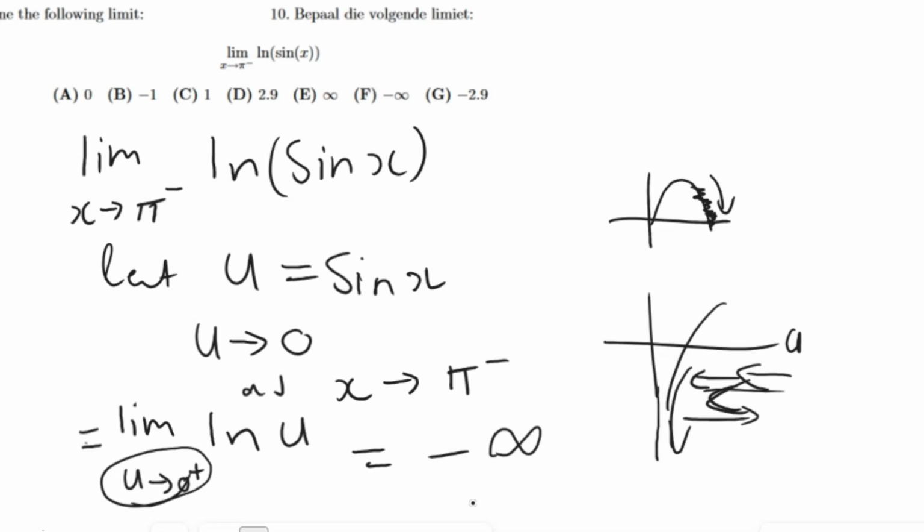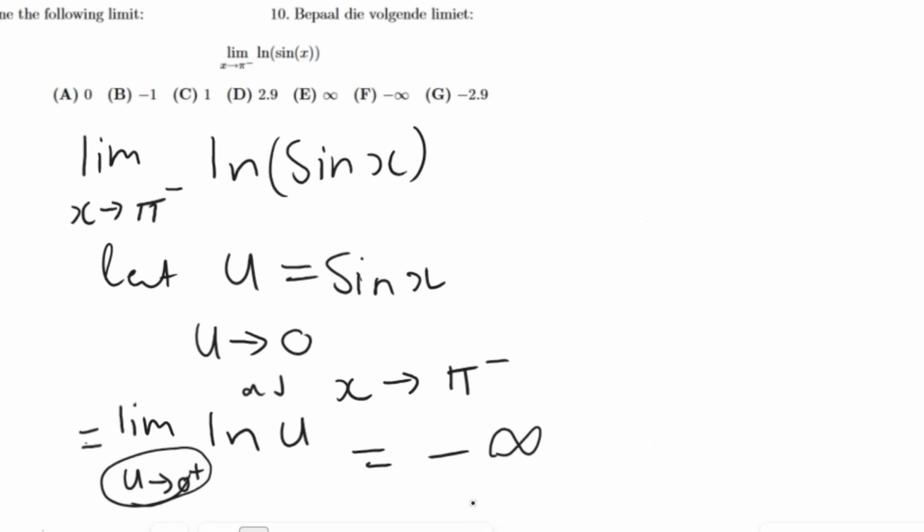It will never touch 0. It will go towards 0, but it will not touch it. You can never be 0, so you just approach 0 so that you go to negative infinity like that. Okay, and we've done both parts in the same setting. Personally, in an exam, I wouldn't sketch the graphs, I would just do it this way and then I'm done, or I just sketch the graphs and then I'm done.